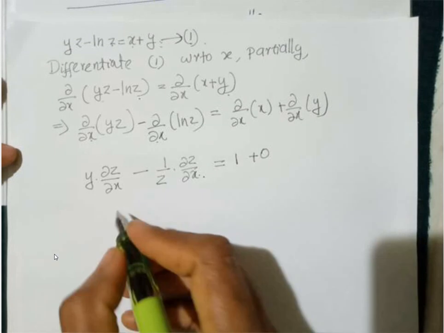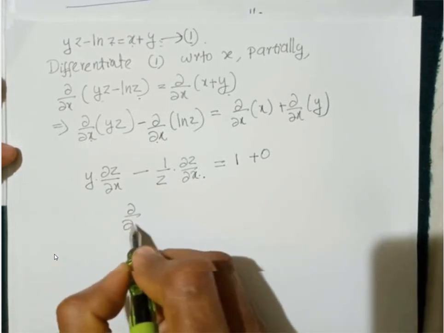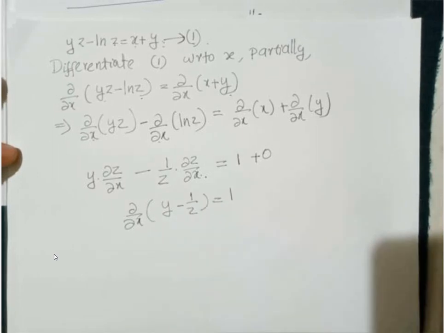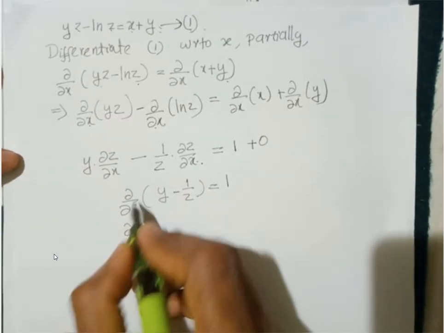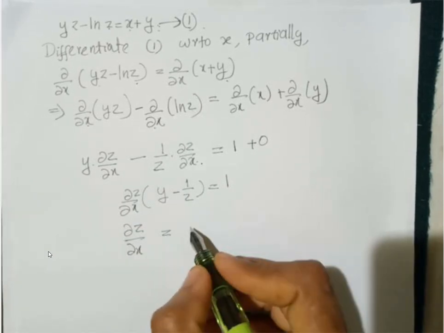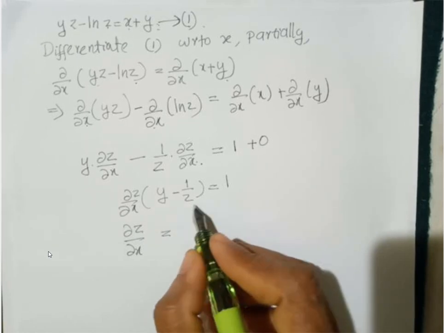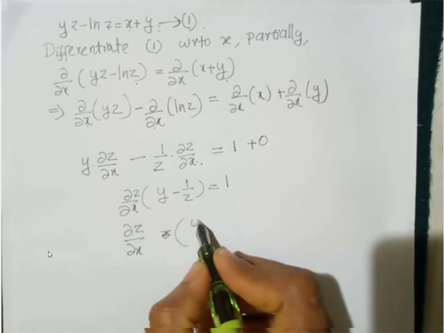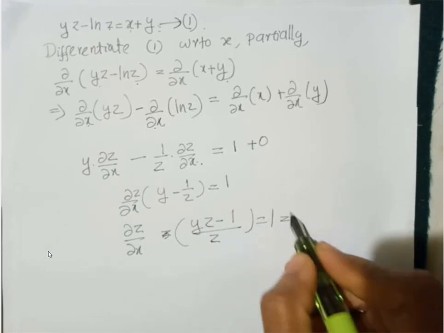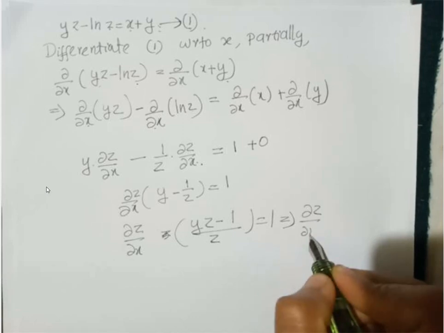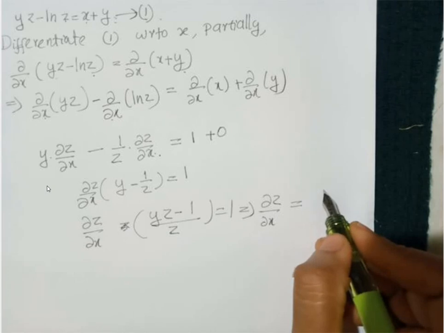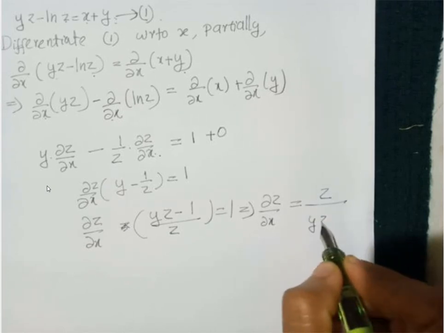So ∂z/∂x times (y − 1/z) equals 1. That is, ∂z/∂x times (yz − 1)/z equals 1, which implies ∂z/∂x equals z/(yz − 1). This is the answer.